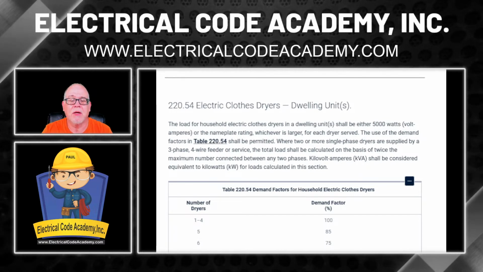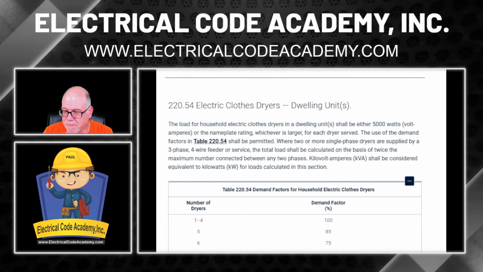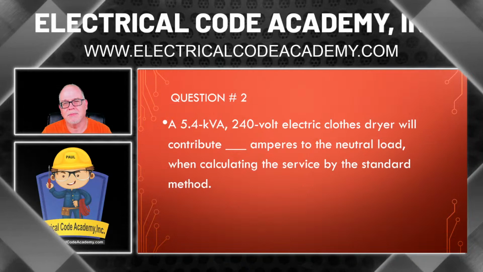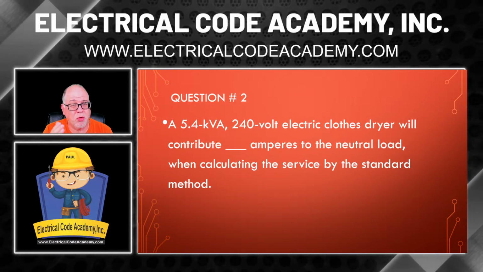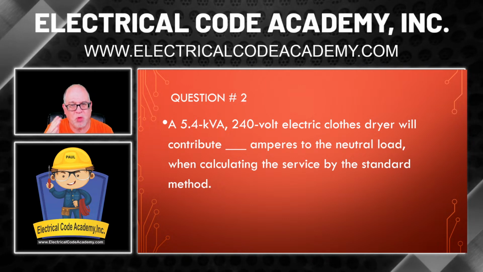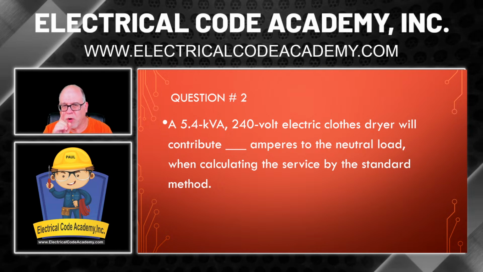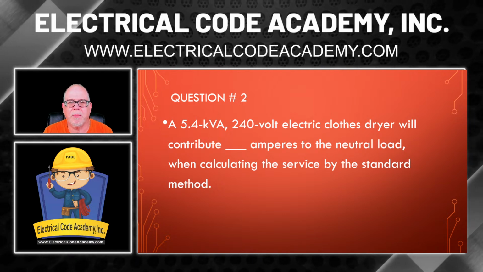You take it. Now, in our question, it was 5.4, right? So let's go back and look at our question. So there's our question. It was 5.4 kVA and 240 volts, right? So we're trying to get the amps. Now, you might be thinking to yourself, you're one of those astute students, and you've said, well, you know what, Paul?